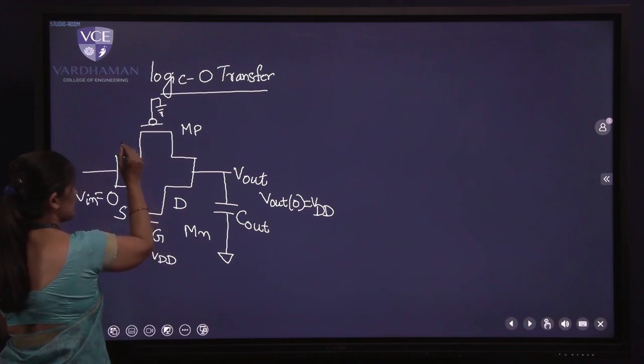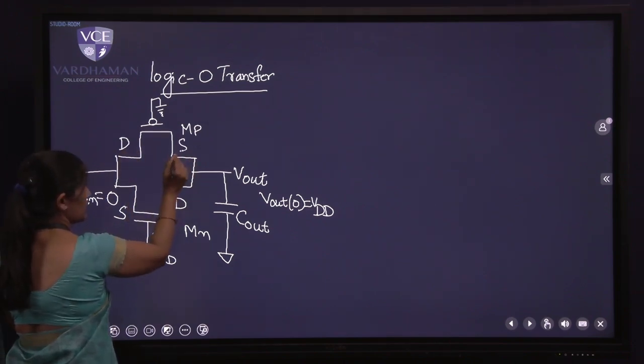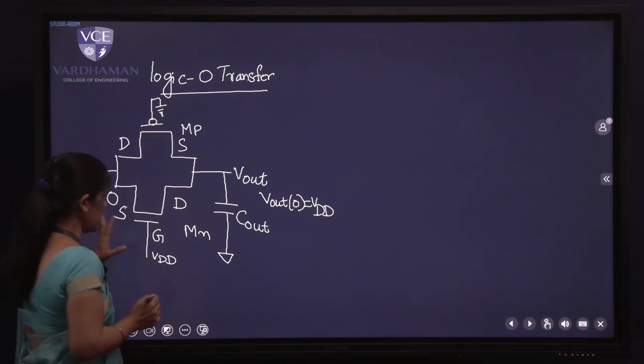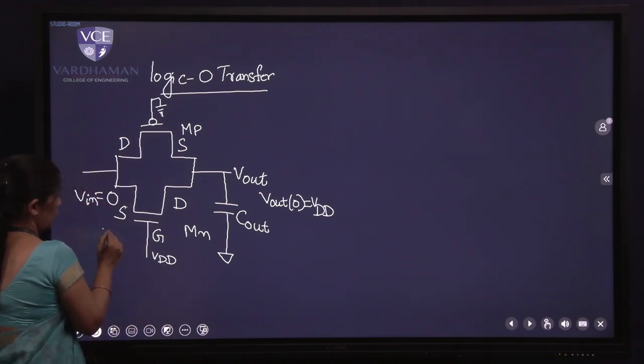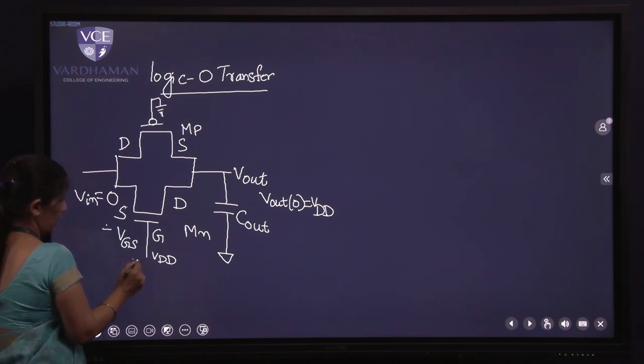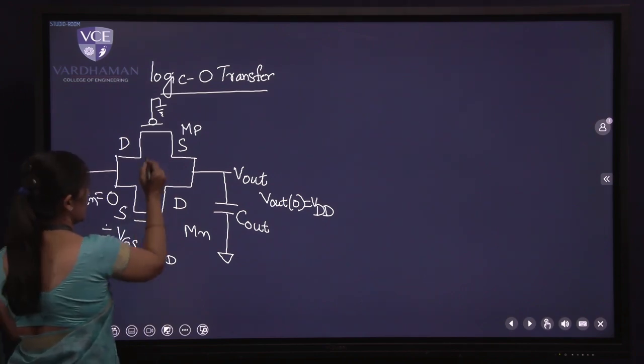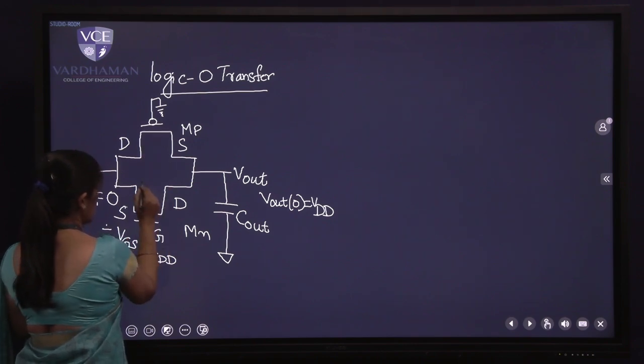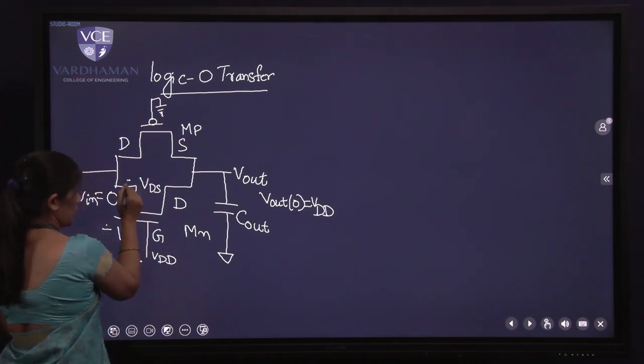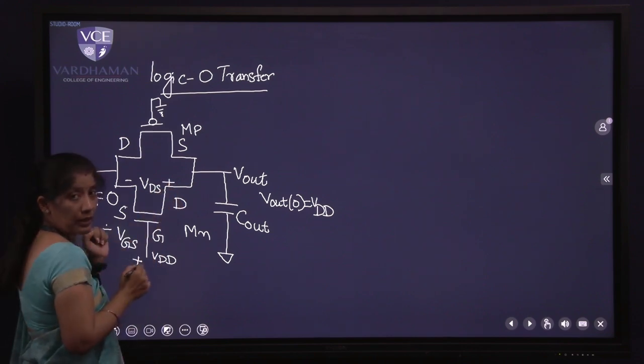For the PMOS transistor, it will be the opposite. This is drain and this is source. Let me write down the terminals also. So for the NMOS transistor, I write VGS. So gate is positive, source is negative. For the NMOS transistor, I write down VDS. So this is minus and this is plus.